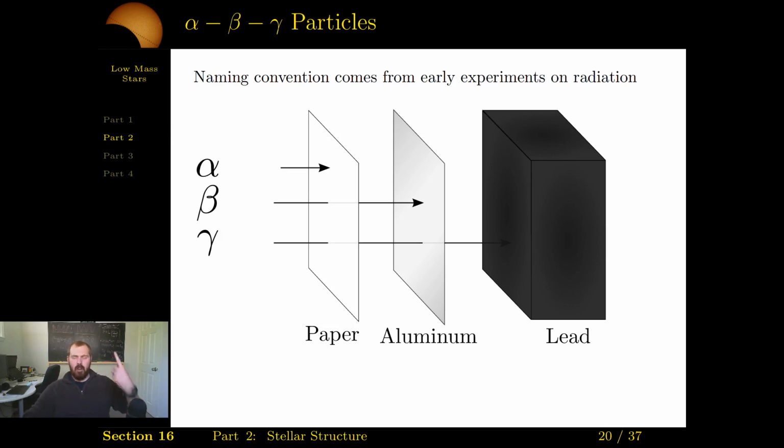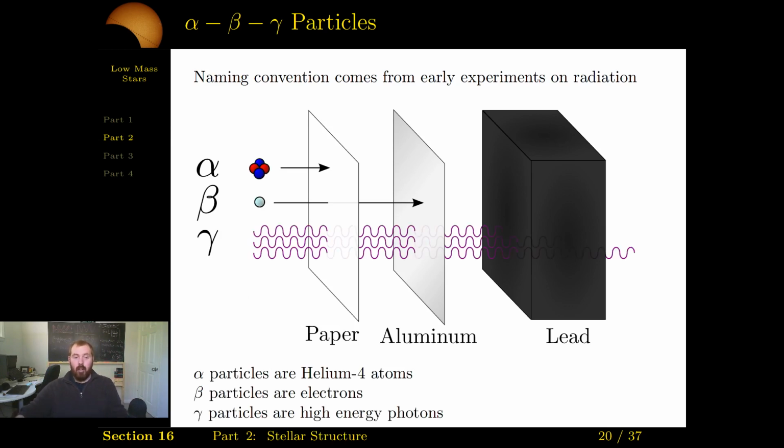Now, as our scientific body of knowledge grew, we eventually realized that what we called alpha particles were actually helium atoms. Remember what we said on the last slide, that triple alpha process? We call it alpha because it's a bunch of helium particles. Alpha particles are helium atoms flying around. Beta particles, they're electrons. They're high energy electrons moving at great speeds.